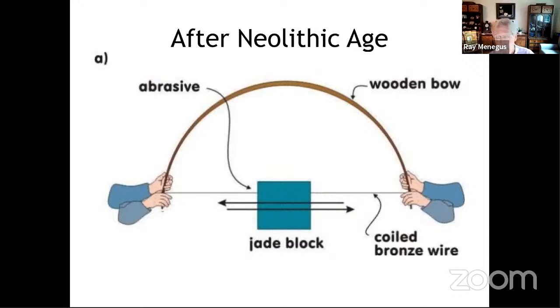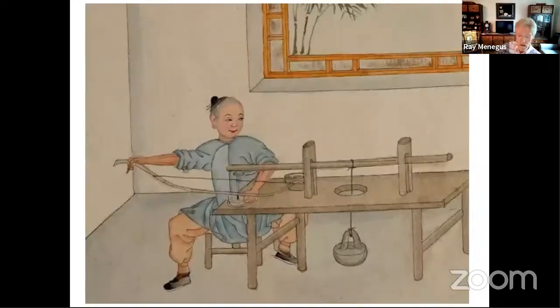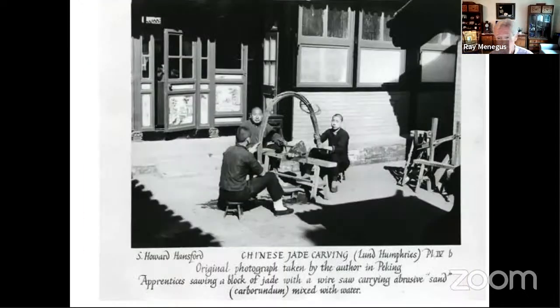One thing that is amazing about almost all Chinese art is the labor intensity of their work and the time it would have taken to execute this. So we suppose that their saw was something like this, but we know that it couldn't have been with a bronze wire. So we think they were using silk wires.